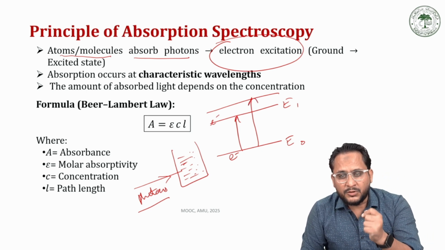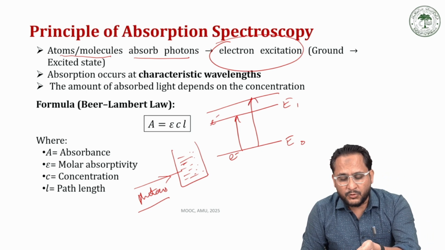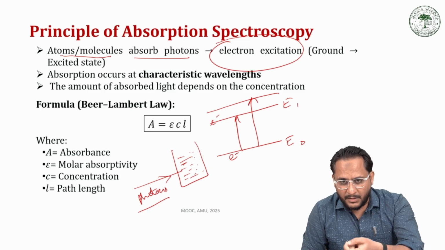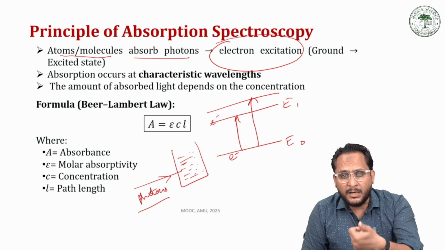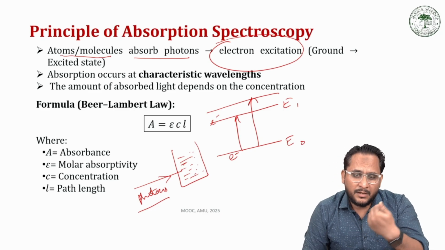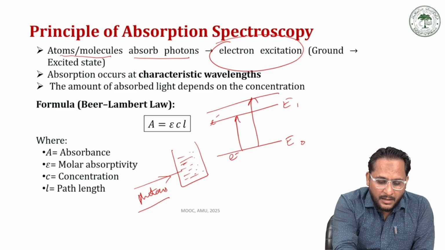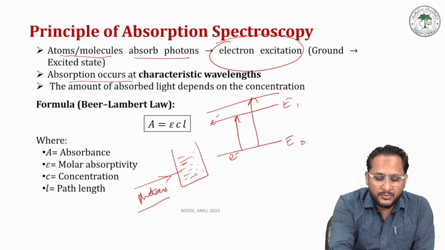In this promotion, since they absorb energy, the wavelength corresponding to that particular energy goes missing from the spectrum, and therefore we can say that absorption occurs at a characteristic wavelength.